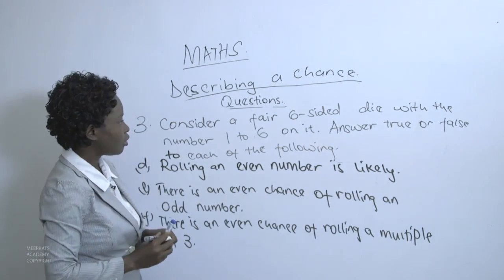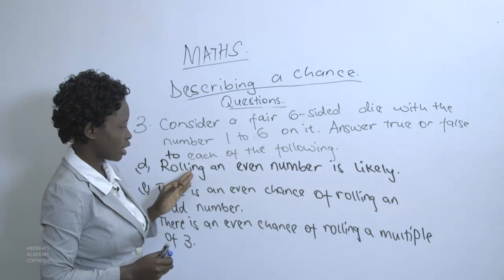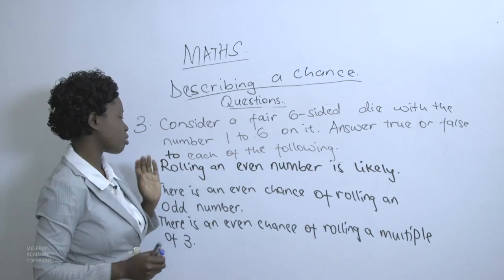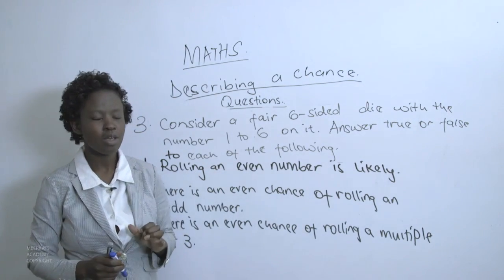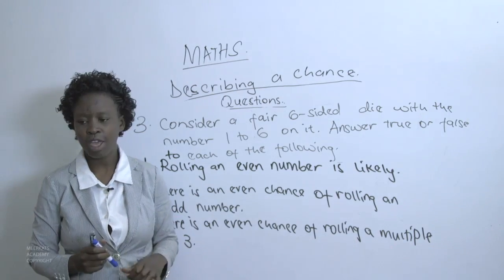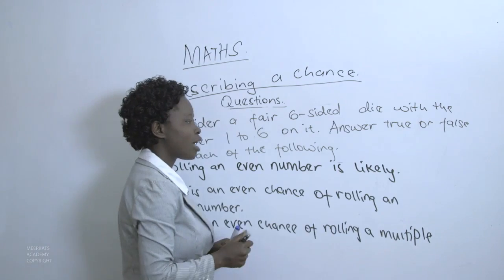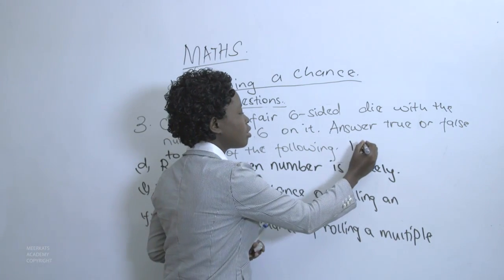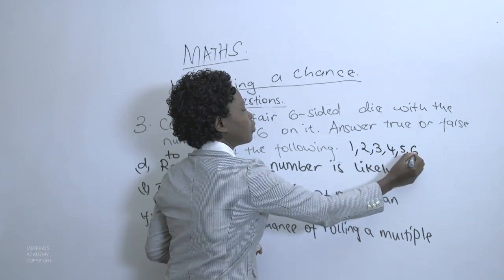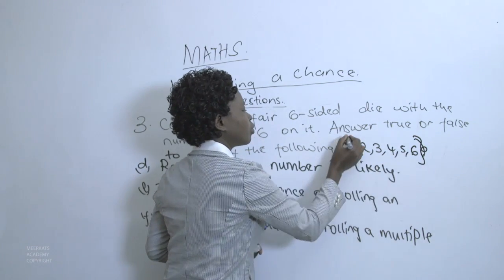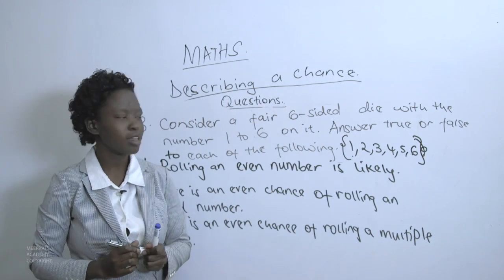So we're still looking at a fair six-sided die, and we have to tell if this one is true or false. The next statement we are having: rolling an even number is likely. We need to find out from this fair die which numbers are even and which ones are not. We are having the numbers 1 to 6. Out of these numbers, we need to identify the even numbers.